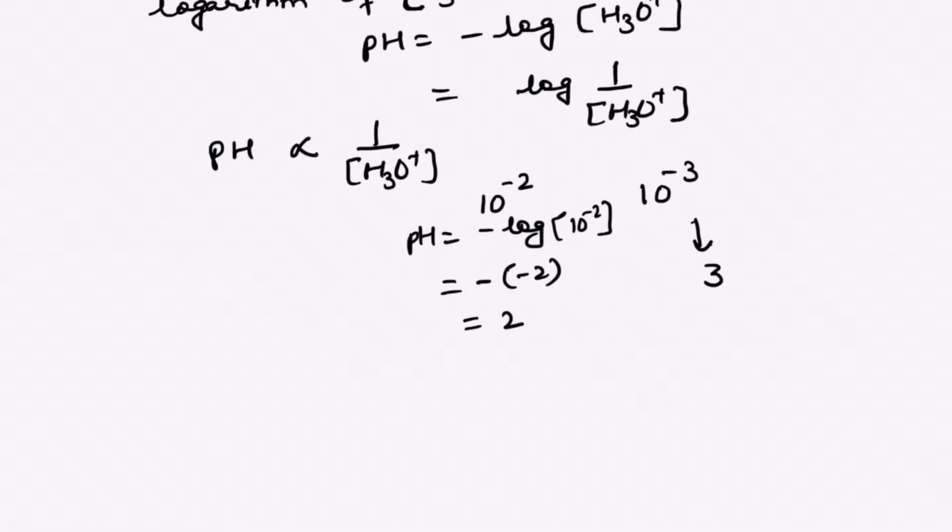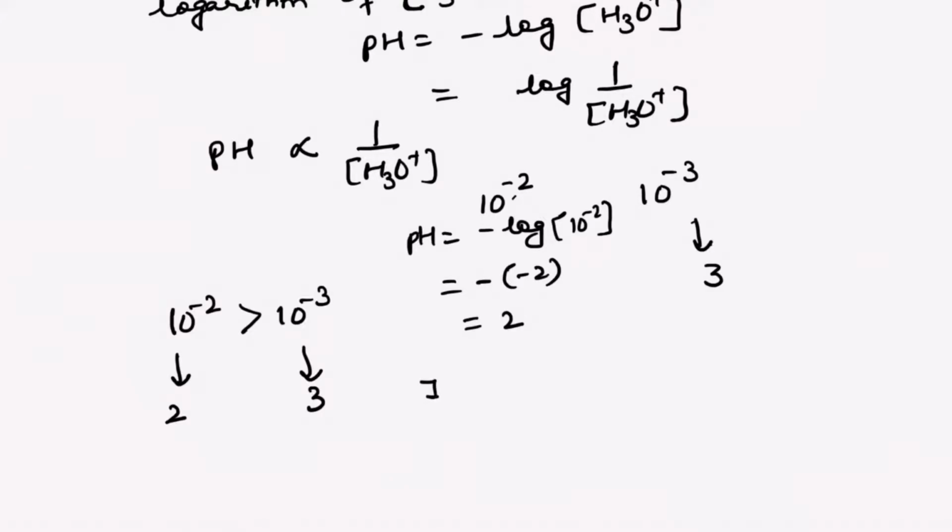So you can see that the hydrogen ion concentration 10 raised to power minus 2 is greater than 10 raised to power minus 3, right? And for pH, this is coming out to be 2, this is coming out to be 3. So the more the hydronium ion concentration, the lesser the pH. Both are inversely proportional to each other.